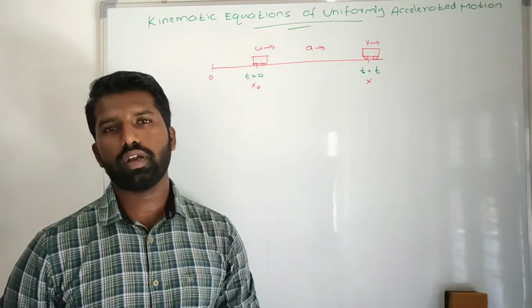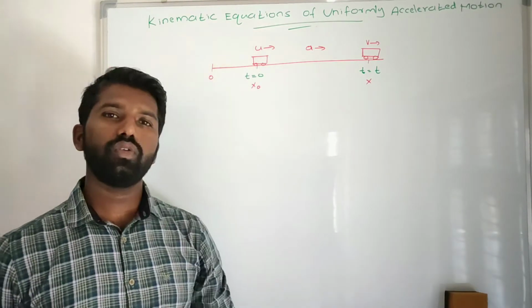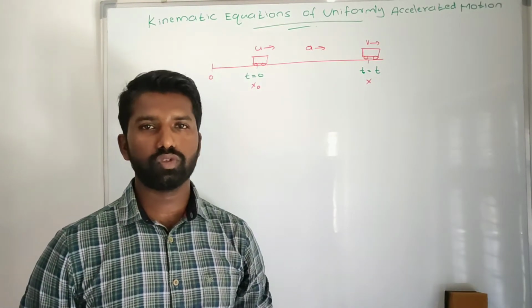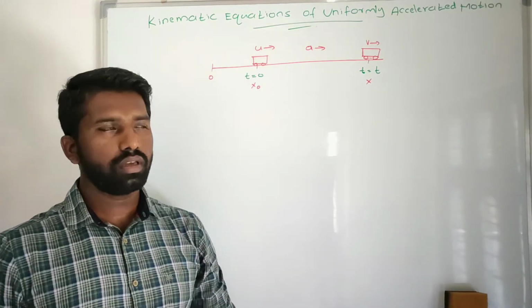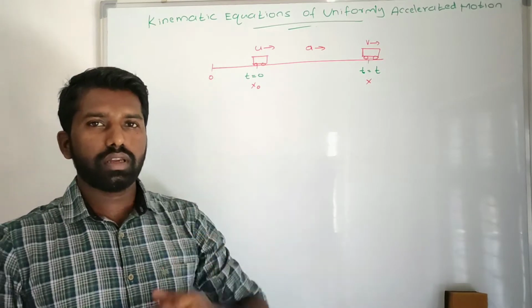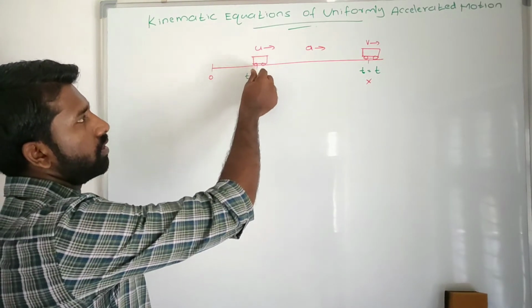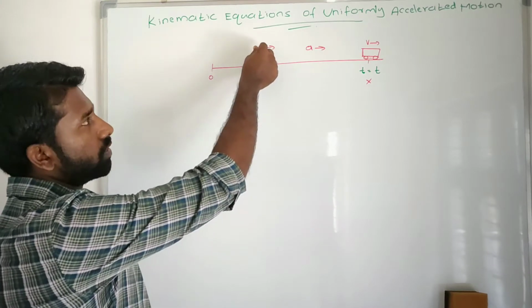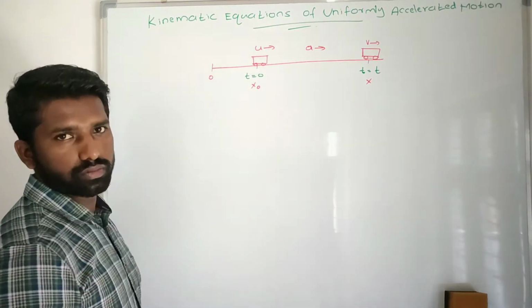In this video, I am going to discuss the kinematic equations of uniformly accelerated motion, that is, the equations of motion. Consider a body initially, at t equal to 0, with a velocity u at a position x0.